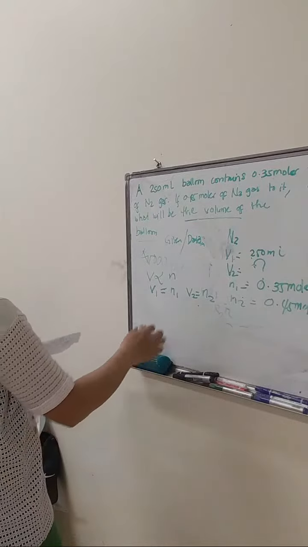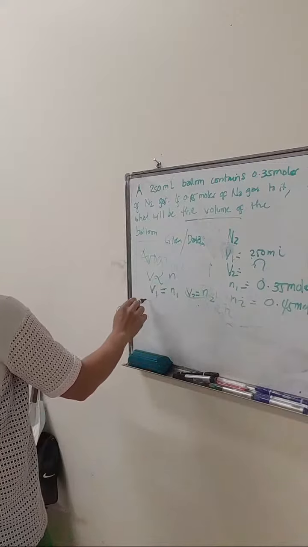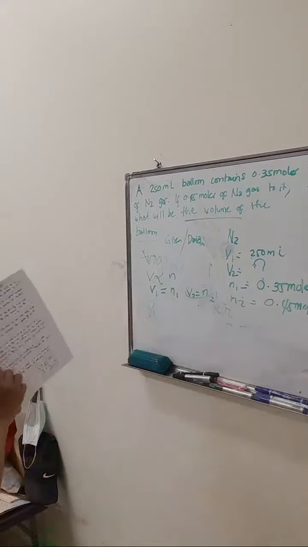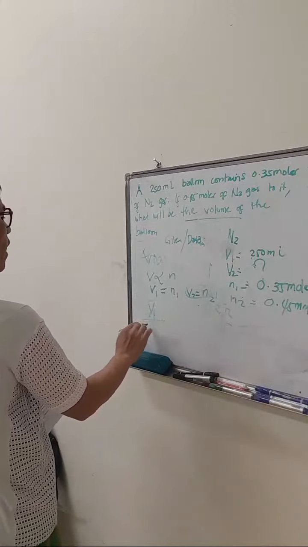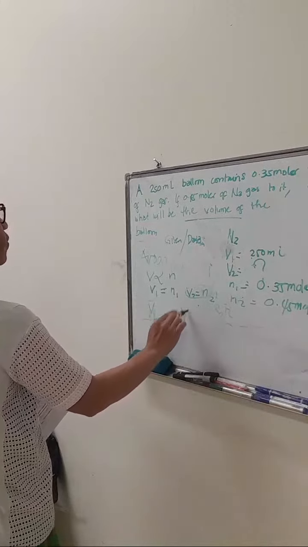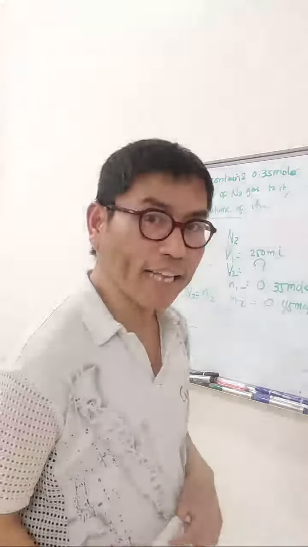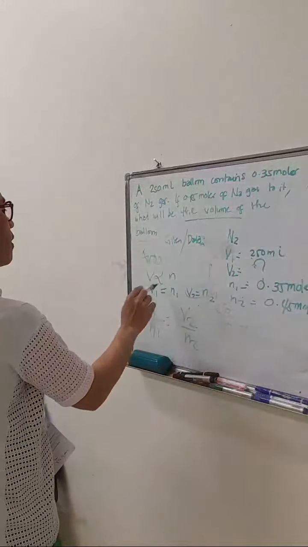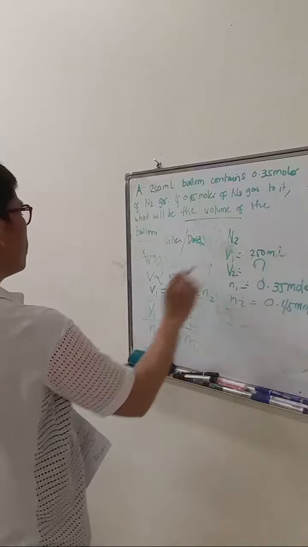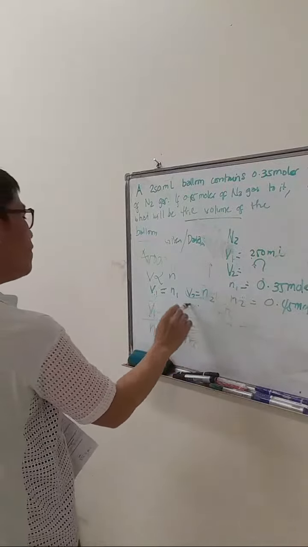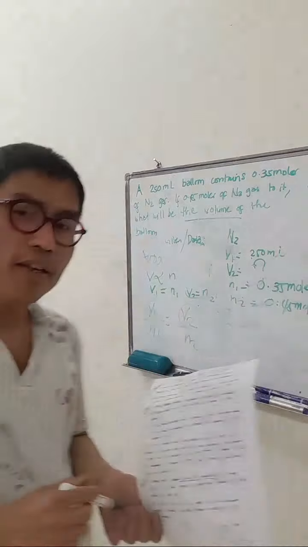This is ratio and proportion, because the quantities are the same kind, volume and moles. So with V1, n1, and n2, you get V2, which is required in the problem. It's very easy.